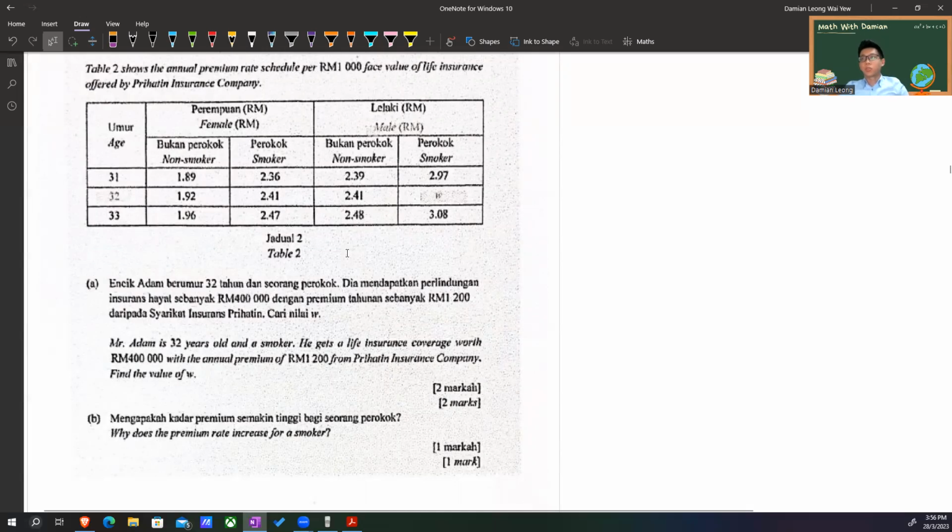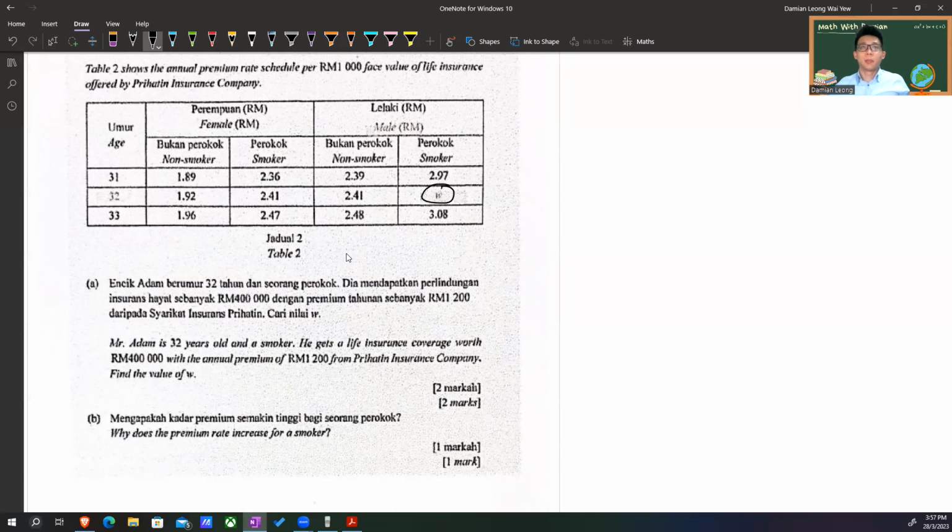He gets a life insurance coverage worth 400,000 ringgit with the annual premium of 1,200 ringgit from Quadratic Insurance Company. Find the value of W. So I want W here. So Mr. Adam is 32 years old and smoker, which is here. His life insurance coverage is worth 400,000, annual premium 1,200.